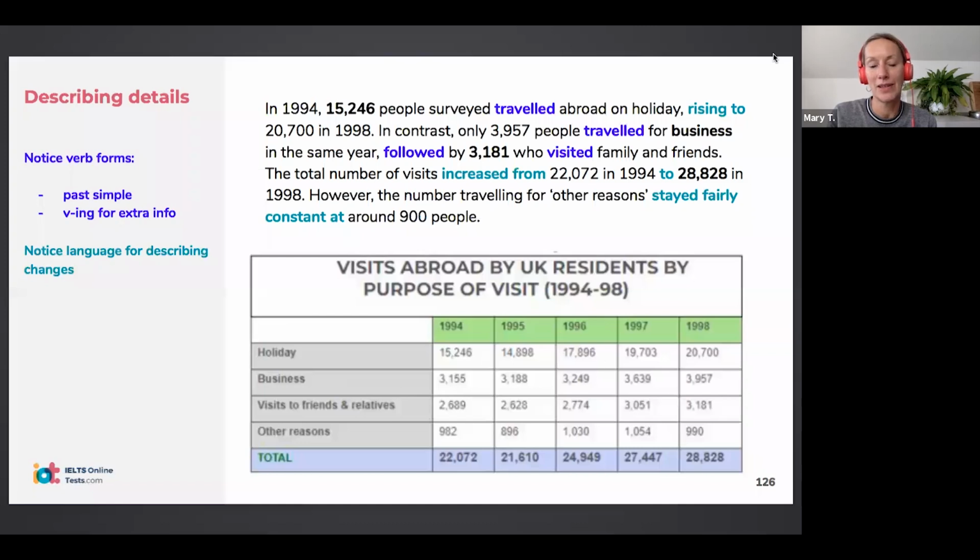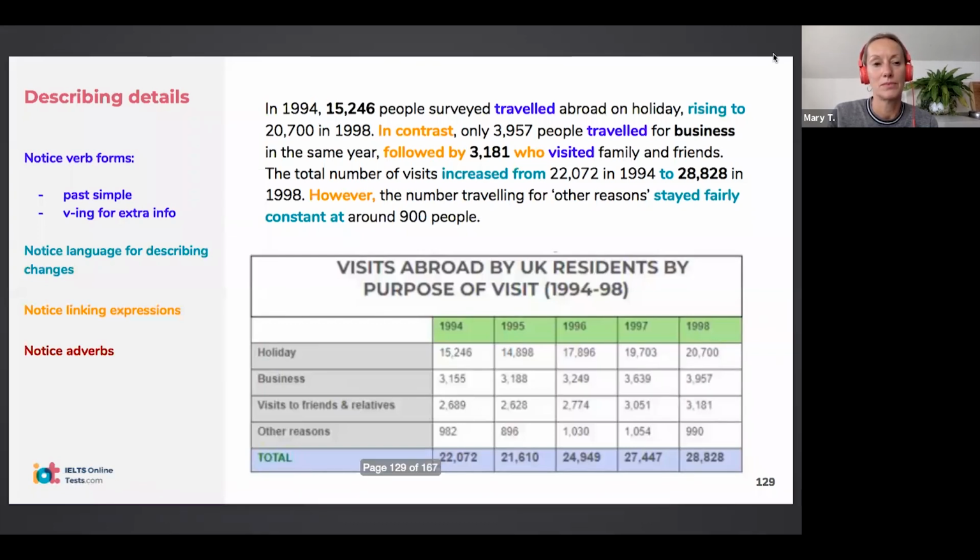For these kinds of verbs, make sure that you know the correct prepositions, right? It's quite easy to make mistakes with those. Okay, and then linking expressions: in contrast, followed by who, and however. Okay, and then adverbs: only, fairly, and around.